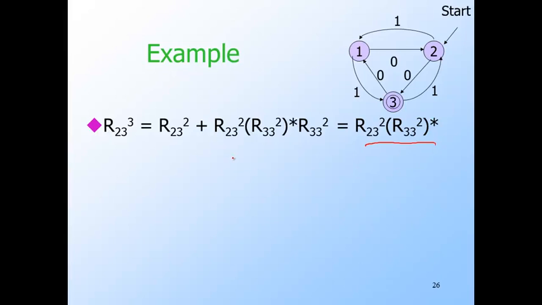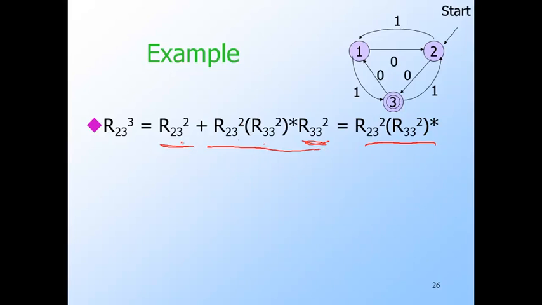Okay. Now we have another expression, R23 super 2, that you can think of as itself concatenated with none of the E's. Remember, E is actually R33 super 2. So this is R23 super 2 concatenated with no E's. This is R23 super 2 concatenated with E star E, that's one or more E's.